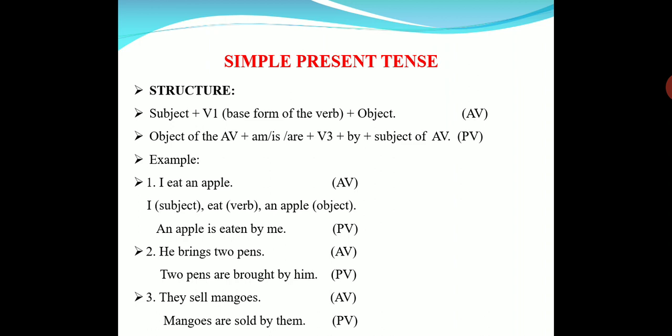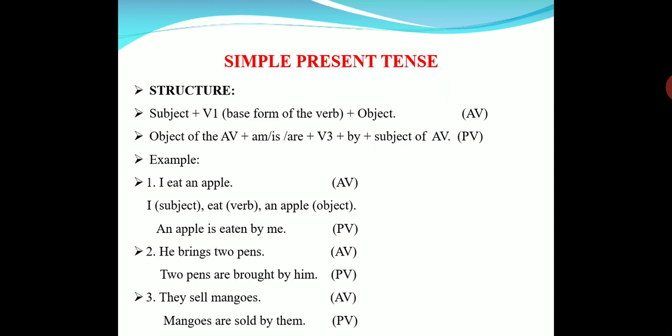So what is the plural be form? Are. What is the V3 form of sell? Sell, sold, sold. So sold, and we add by, and they becomes them in the objective case. Now what is the full sentence in passive voice? Mangoes are sold by them. Understood?